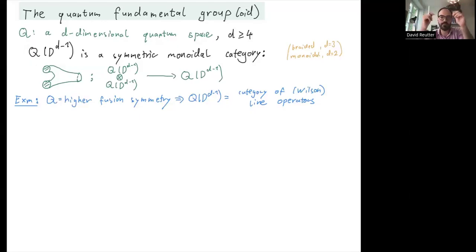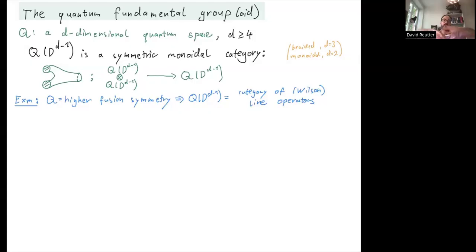So if you're in a fusion 1 category, in the case d equals 2, this will just be the fusion 1 category you've started with. If you start with a braided monoidal 1-category, this will just be the braided monoidal 1-category you started with. If you start with a fusion 2-category, this is the same dimension d equals 3, what you then get is you drop the objects. You forget about the objects in the fusion 2-category, and you just remember the endomorphisms of the unit. So you just remember the lines in that fusion 2-category.